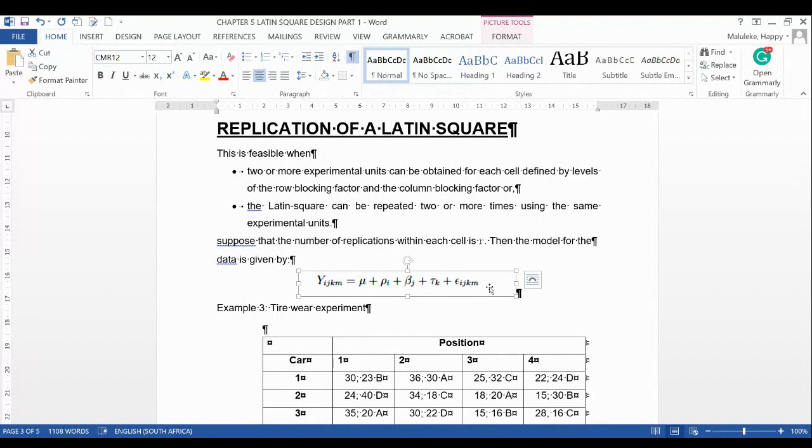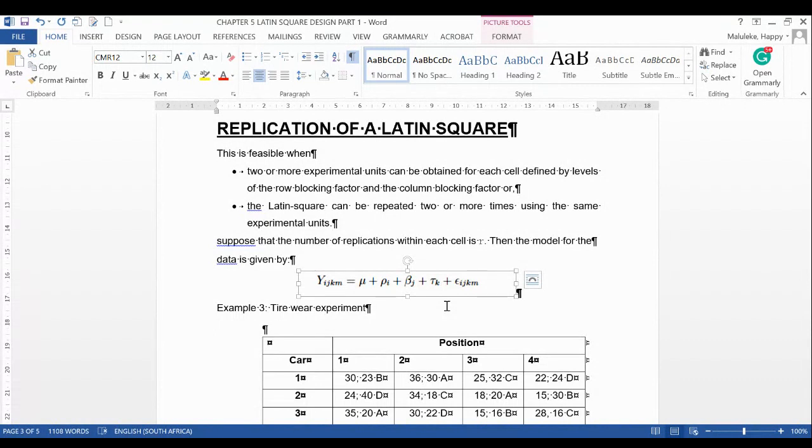Please open your study guide and check the model, because this information is from the study guide. Is the M there? Thank you very much. When you write the normal Latin square design, you don't have that M. Why?